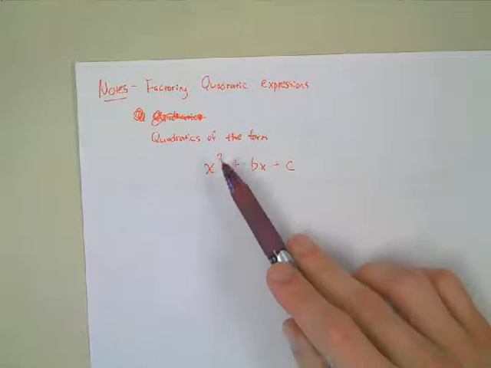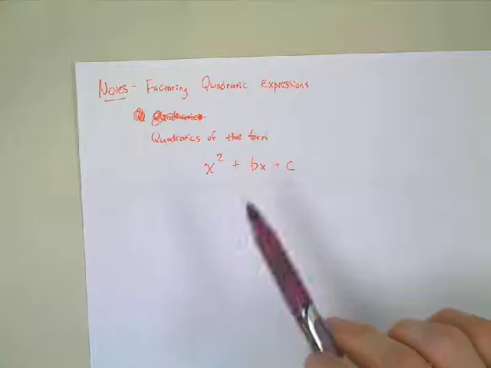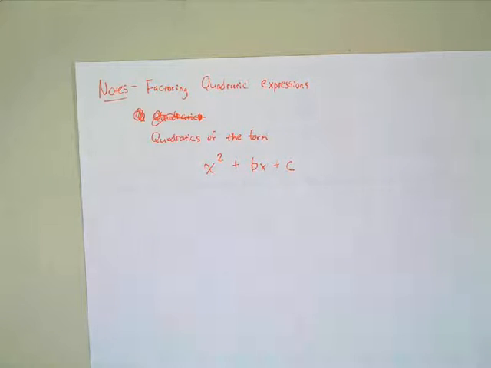Okay, so this is like number 2 on the warm-up today. All of our answers had a variable squared term, so this is x squared, a squared, y squared, b squared.